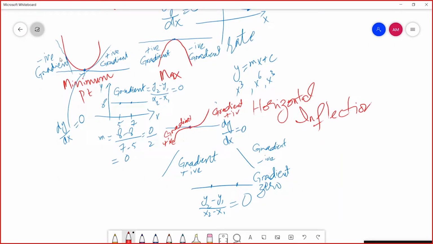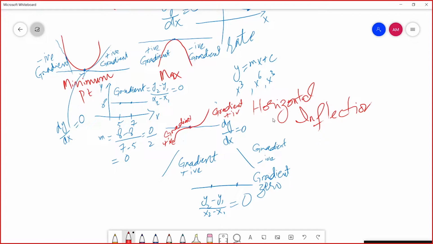If there is a minima, the gradient before it is negative, and after it is positive. If the stationary point is a maximum, the gradient before is positive, and after is negative.